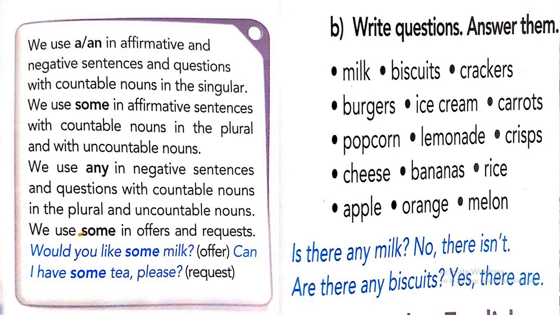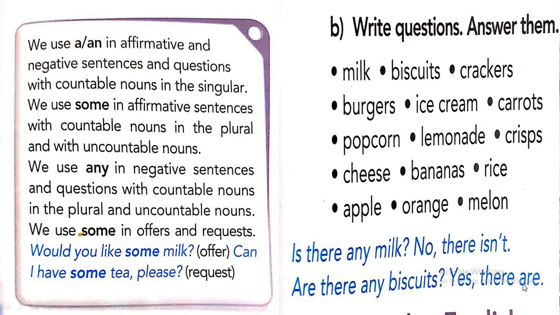Now, exercise B. Write questions, answer them. So we have words and we have to write questions and give the answer for these questions. Okay, let's take milk. Is there any milk? No, there isn't. And let's take biscuits. Are there any biscuits?